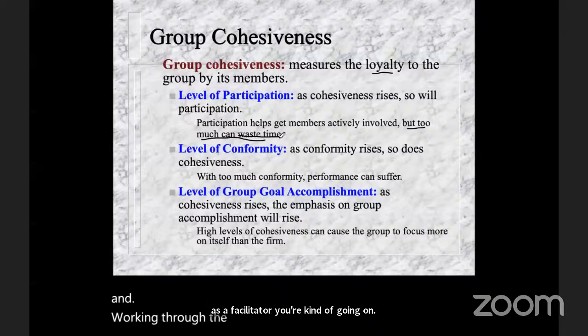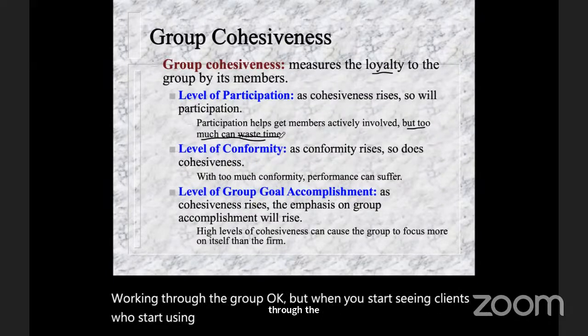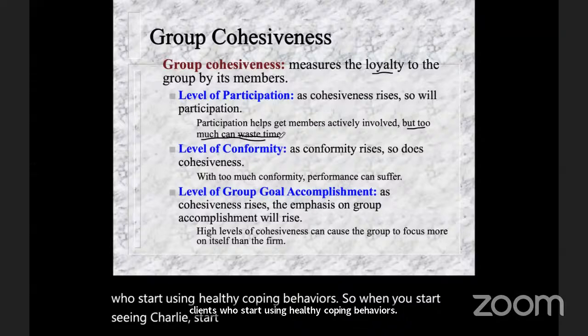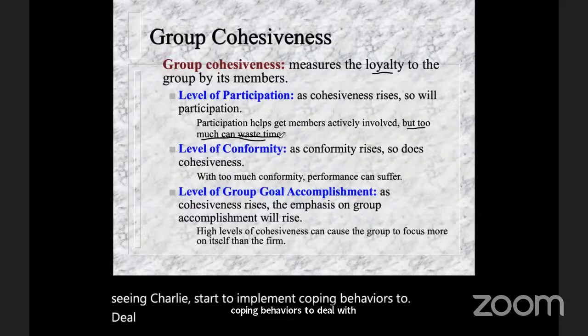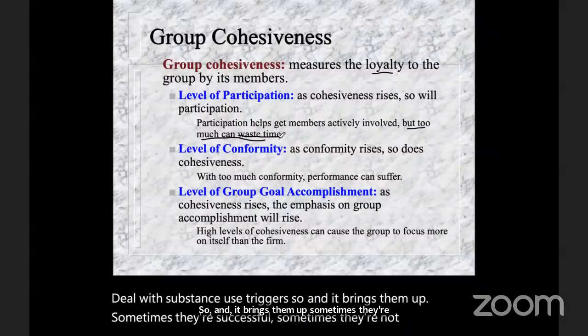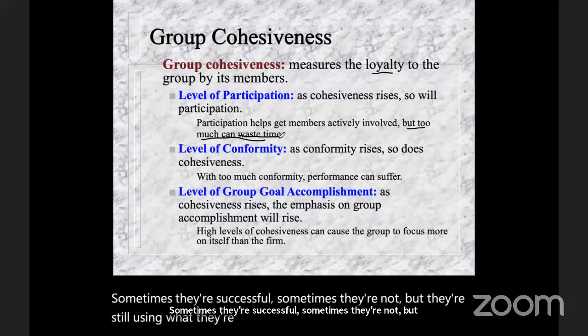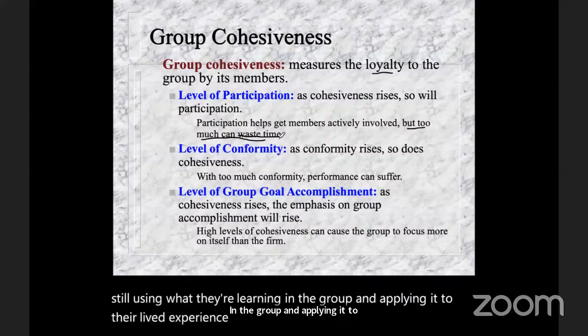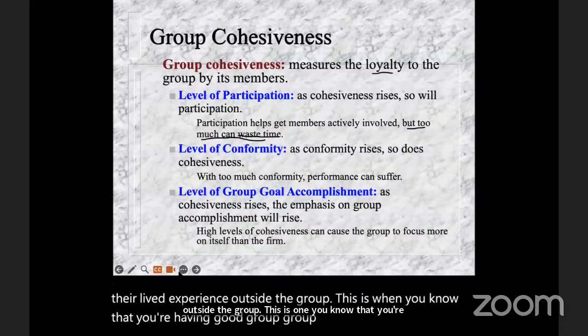But when you start seeing clients who start using healthy coping behaviors, so when you start seeing Charlie implement coping behaviors to deal with substance use triggers, sometimes they're successful, sometimes they're not, but they're still using what they're learning in the group and applying it to their lived experience outside the group. This is when you know that you're having good group cohesiveness occur.